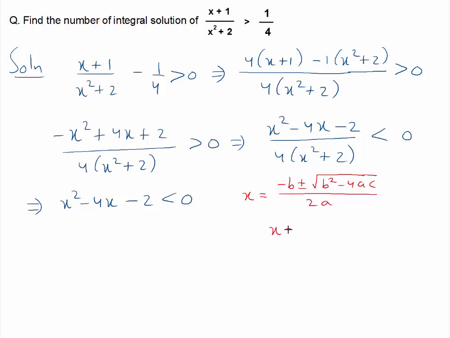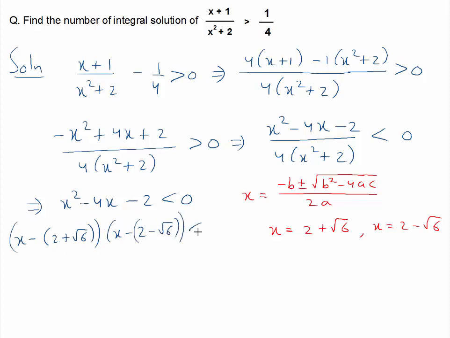Now this will give us the roots as 2 plus root 6 or 2 minus root 6. If these are the roots, its factors would be x minus 2 plus root 6 and x minus 2 minus root 6 is less than 0.